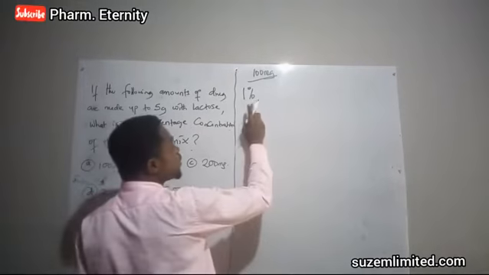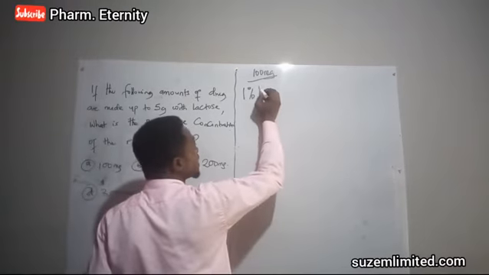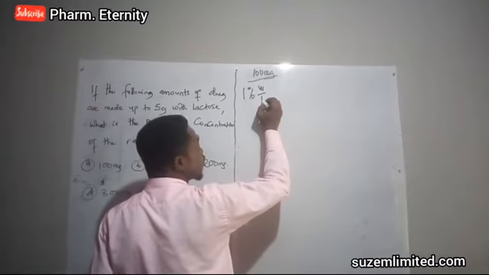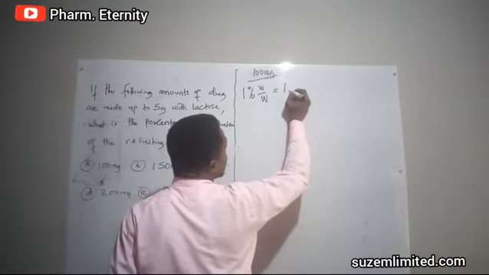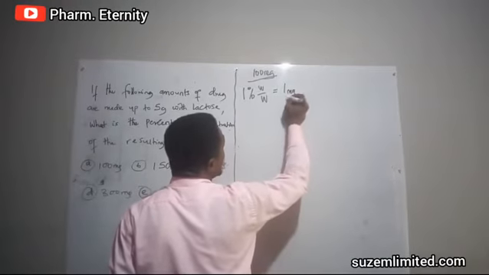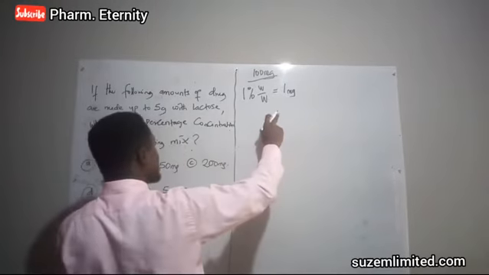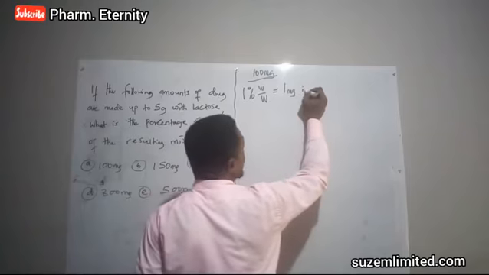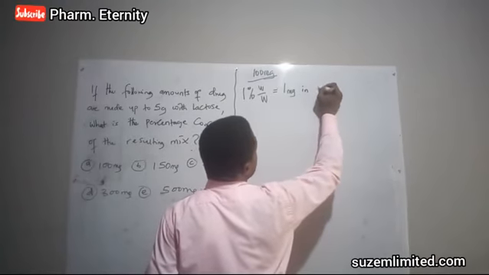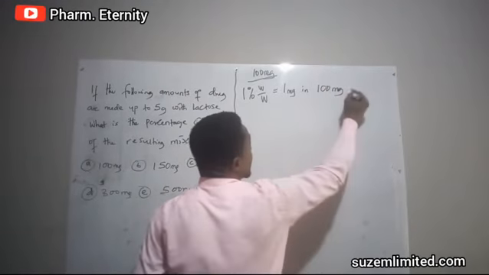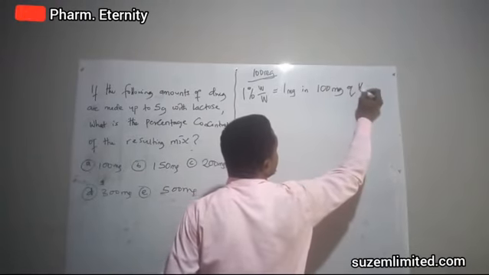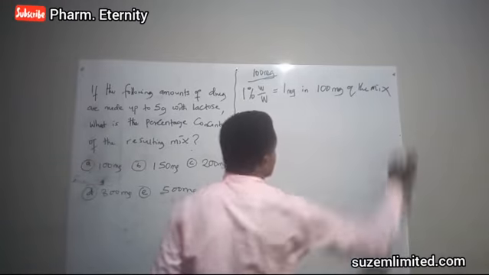So 1% weight per weight is 1 milligram of the drug in 100 milligram of the entire mix.